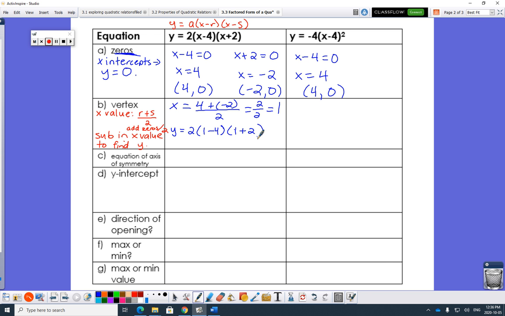And again, if you have a great relationship with your calculator and you can do brackets, then you can type it in just like that. You can show all your work. When you multiply, it doesn't really matter what order you do it in. So 2 times negative 3 is negative 6 times 3, negative 18.